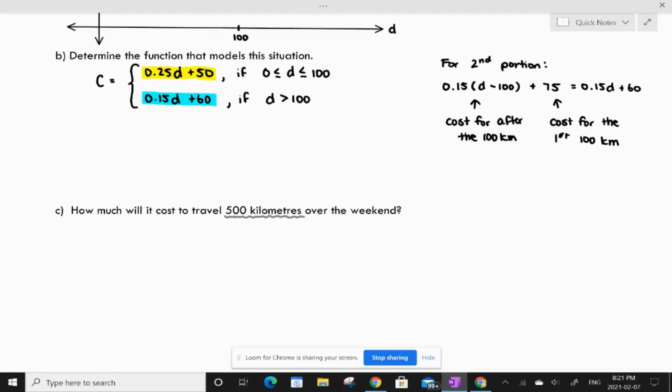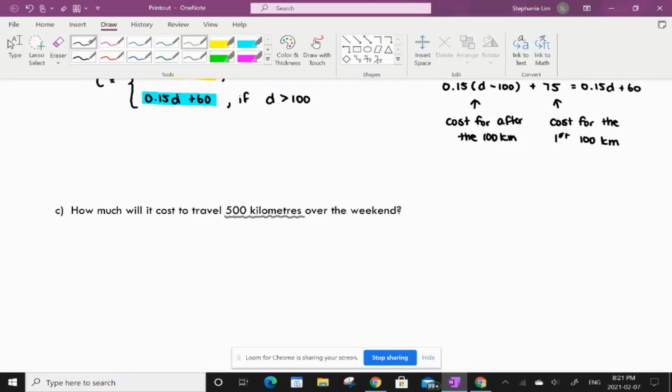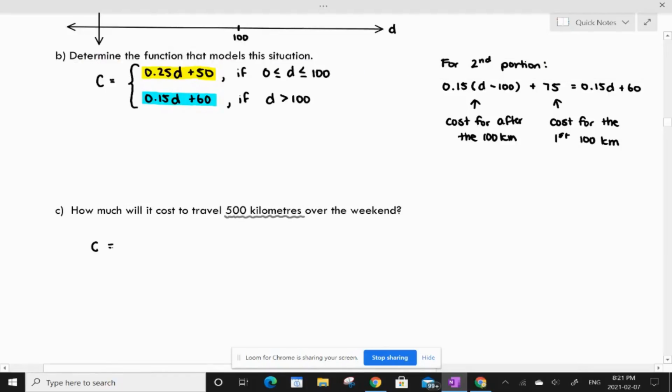So in this case, I'm going to do C equals 0.15 times 500 plus 60. And if I simplify that, I'm going to get 135. So that means, therefore, it will cost $135.